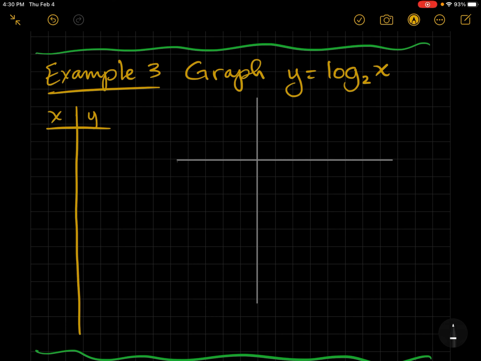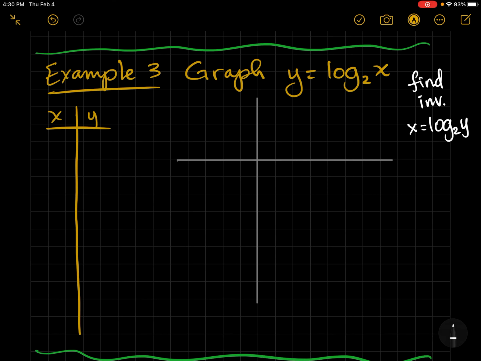Now, let's look at a logarithmic graph. Notice that I did not populate this graph. The reason is that I want us to use what we know about inverses. First of all, if we find the inverse of this, let's recall that we switch x and y.